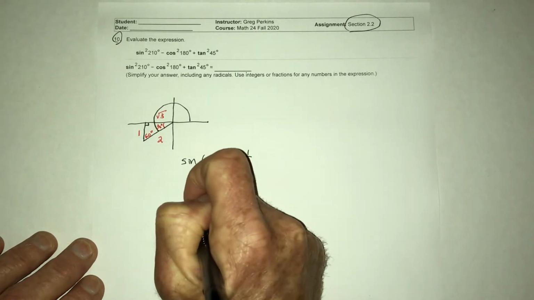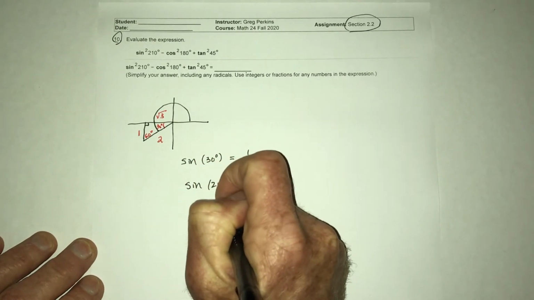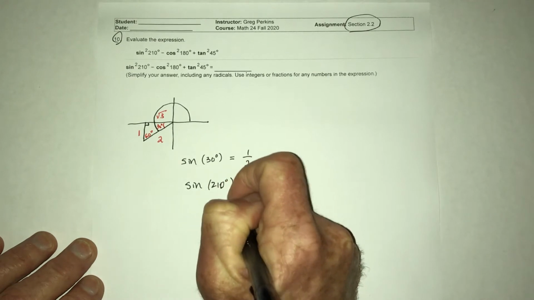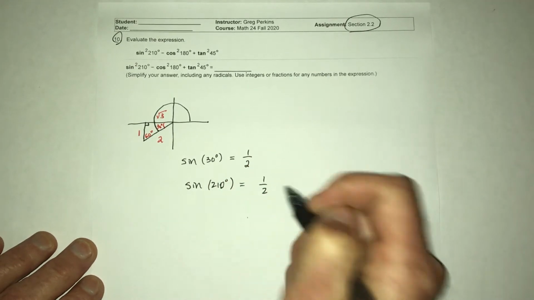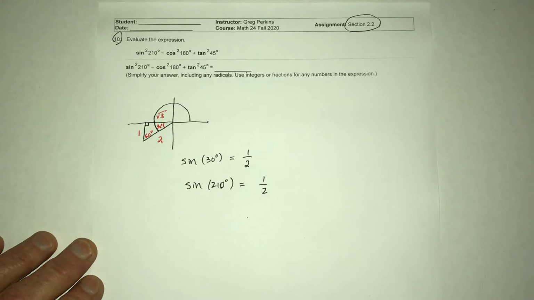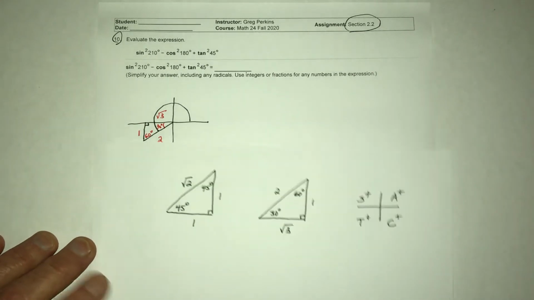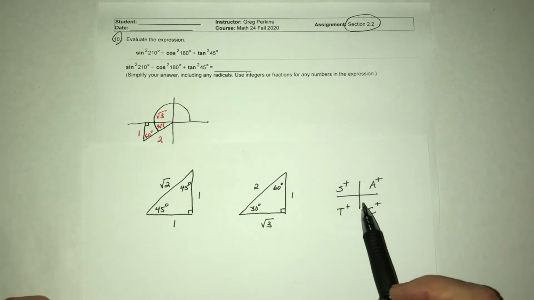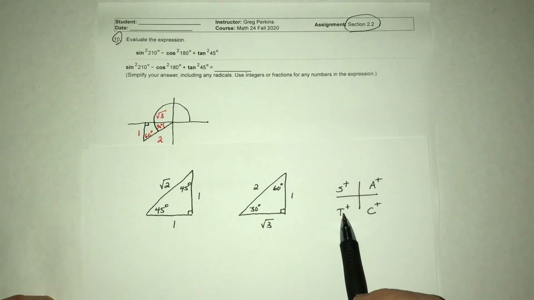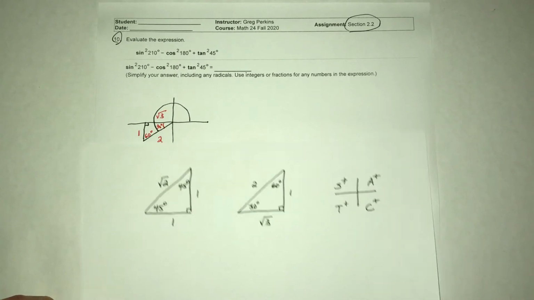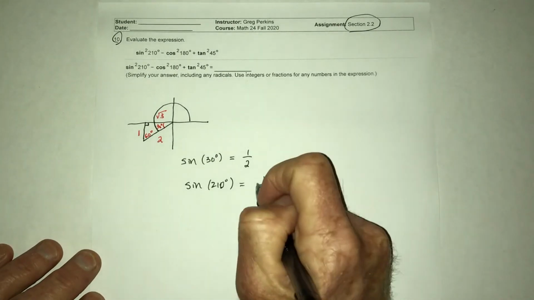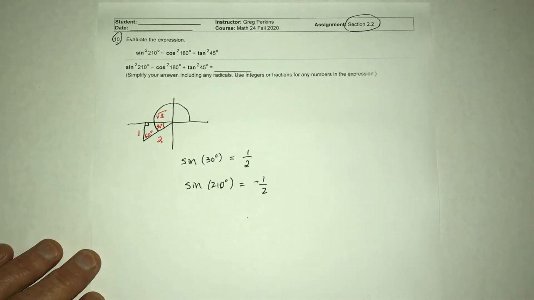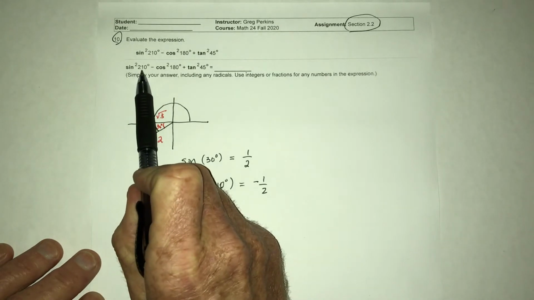Then for sine of 210 degrees, it's going to equal the same number, but it could be positive or it could be negative. That's where a smart trig class comes in handy. And right now we're in the third quadrant. So that means tangent is positive and sine is negative. Okay, so that's for that part.